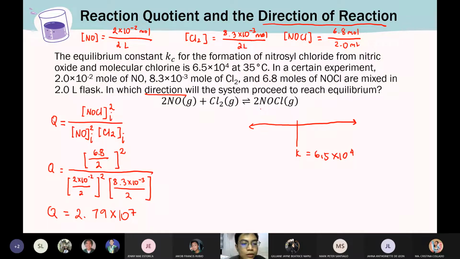So, should it be on the left or should it be on the right? Given that its value is 2.79 times 10 raised to 7. Saan kaya dapat siya? To the left ba? O to the right?